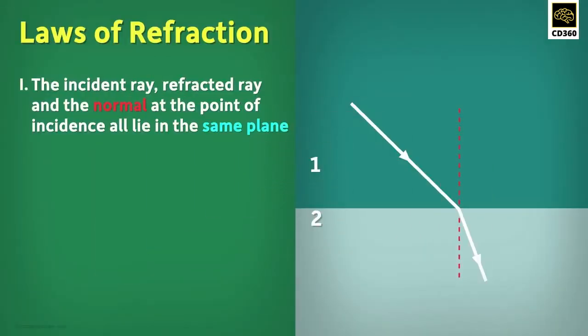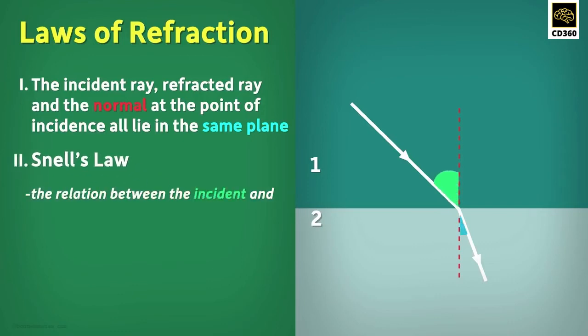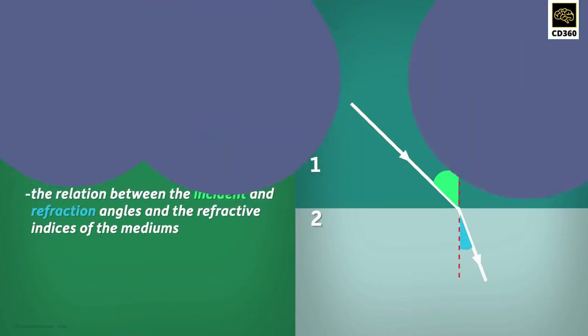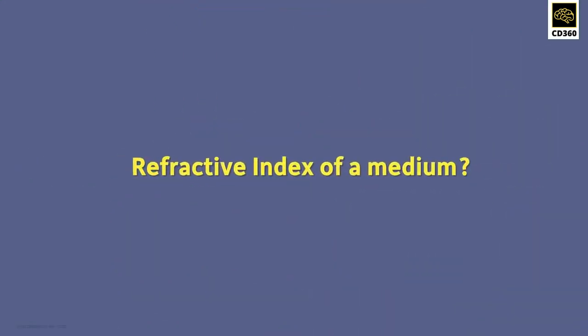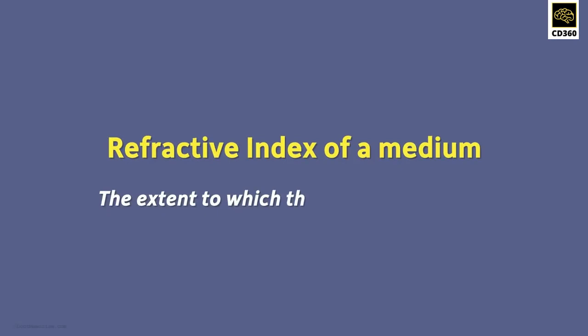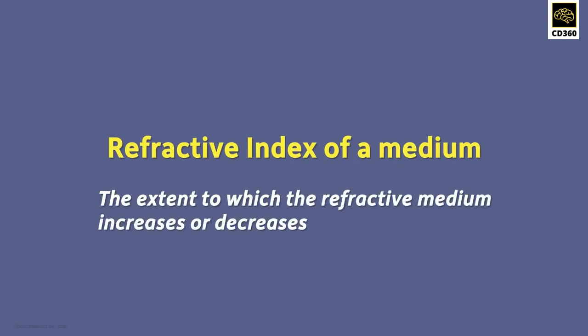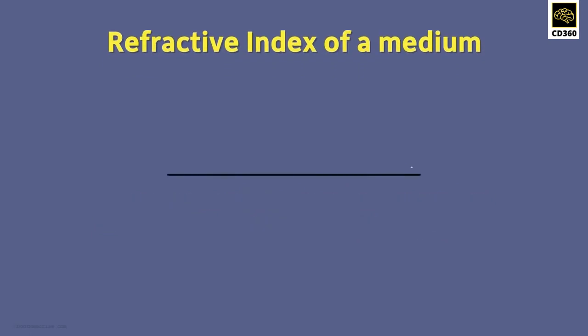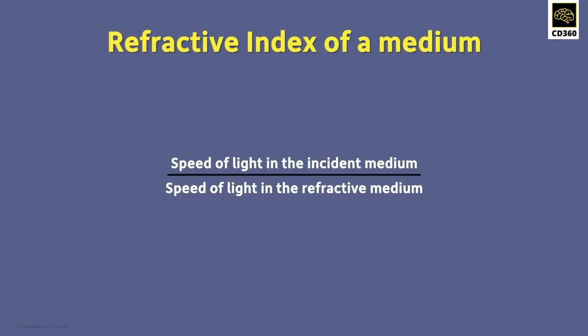What about the second law? The second law is also called Snell's law of refraction. Snell's law gives us the relation between the incident and refraction angles and the refractive indices of the mediums. What is the refractive index of a medium? It is the extent to which the refractive medium increases or decreases the speed of light. Mathematically, it is the ratio of the speed of light in the incident medium to the speed of light in the refractive medium.